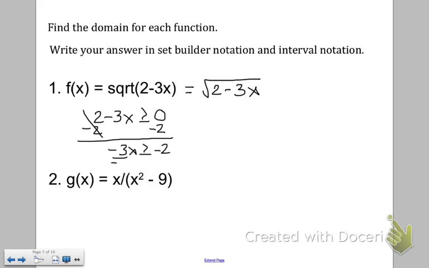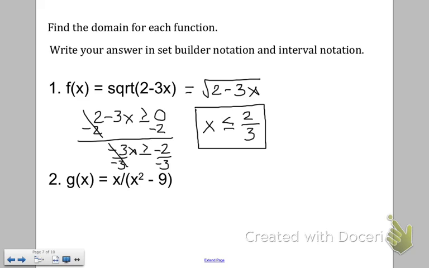Now I'm going to divide both sides by negative 3. And remember that when I multiply or divide an inequality by a negative, my inequality sign is going to flip. So I get x is less than or equal to, and remember, a negative over negative is a positive, so I have 2/3. So my domain is x is less than or equal to 2/3.